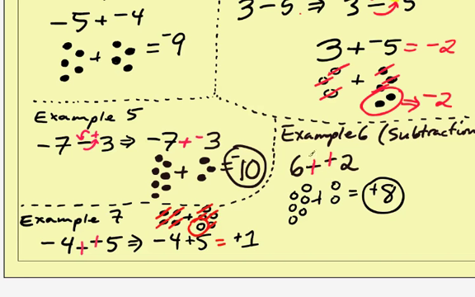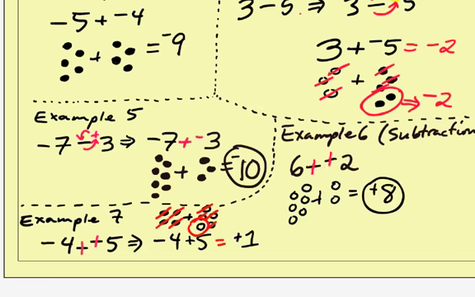Example 6, I have two negative signs which turn into two positive signs. And example 7 is the same thing. Two negative signs turn into two positive signs. And this time I had a negative number, and we just use the dots just as normal.